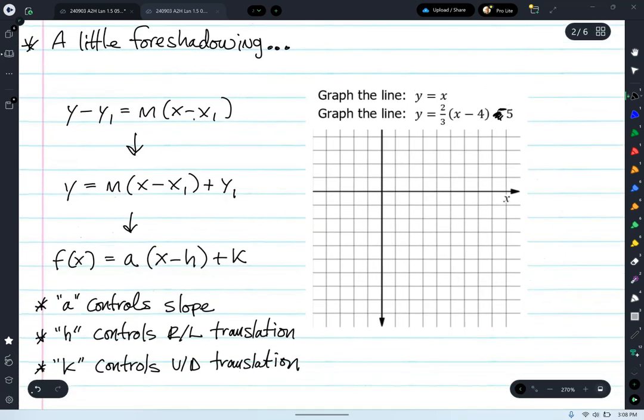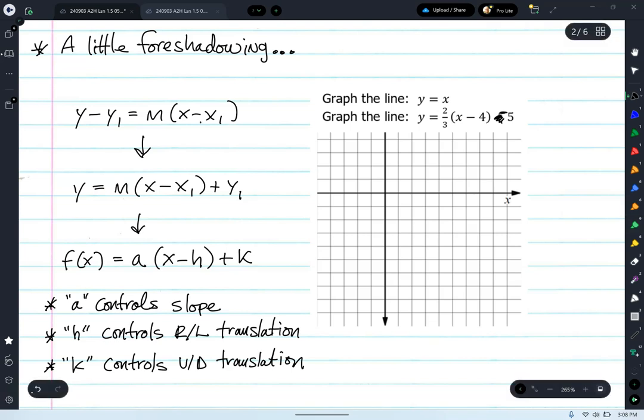Let's start with this y equals x right up here. And I want you to point a little arrow up here because really what this means is y equals 1 over 1x plus 0.